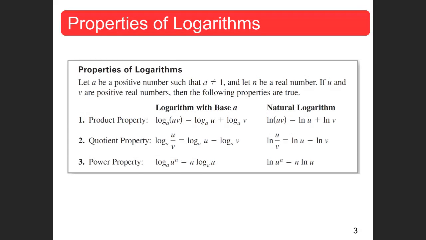Most of this week's assignment is to be able to rewrite logarithms. We're trying to get into solving logarithmic and exponential functions, and one of the ways we do that is when we have a large logarithm.